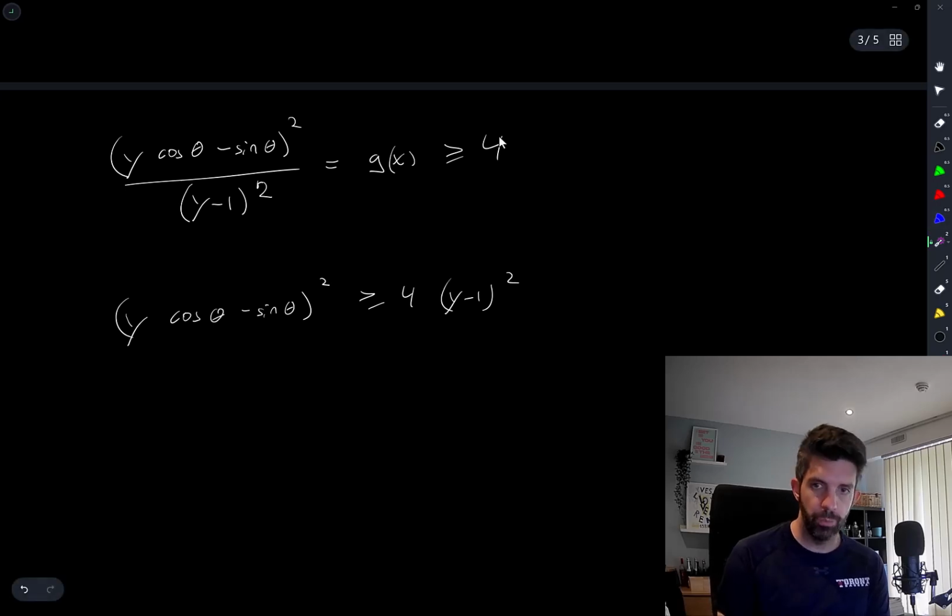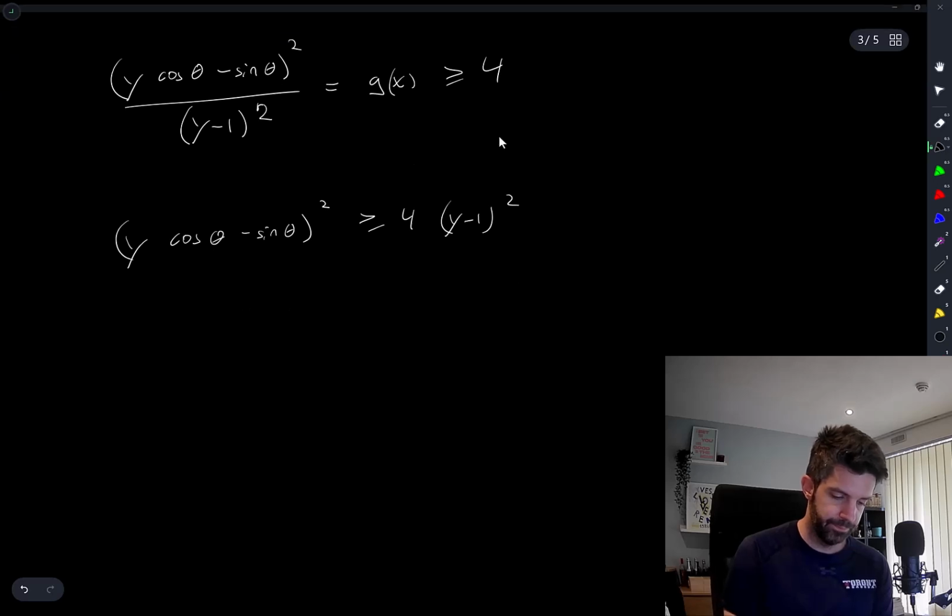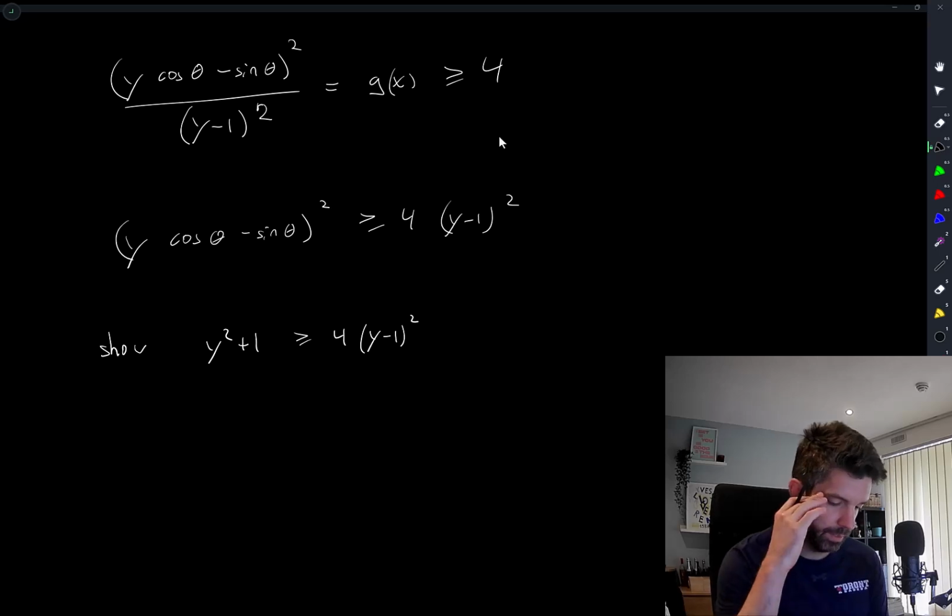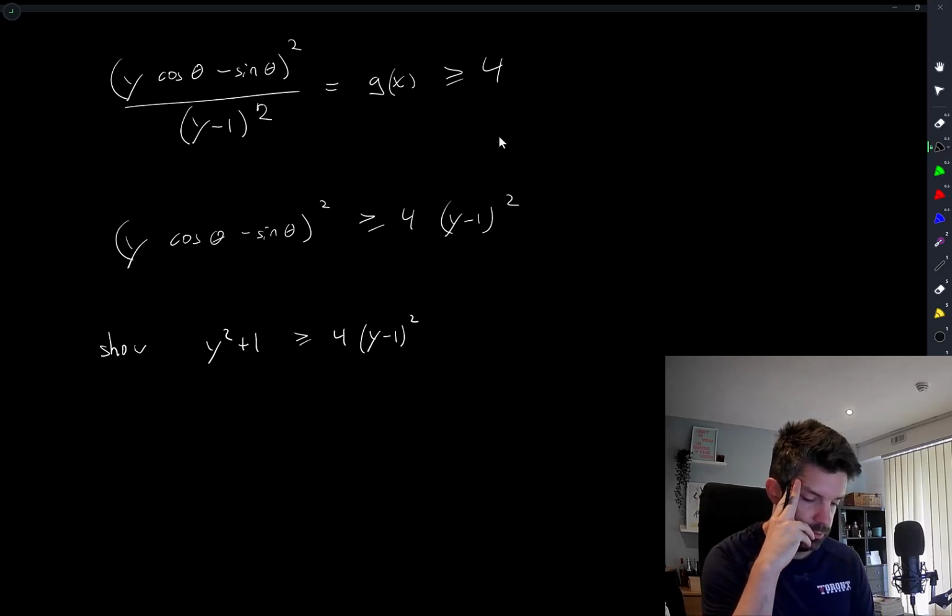Okay, so now we want to deduce from this. So now we need to show that y squared plus 1 is greater than or equal to 4 times y minus 1 squared. Okay, well, now it looks like we should do something with theta.